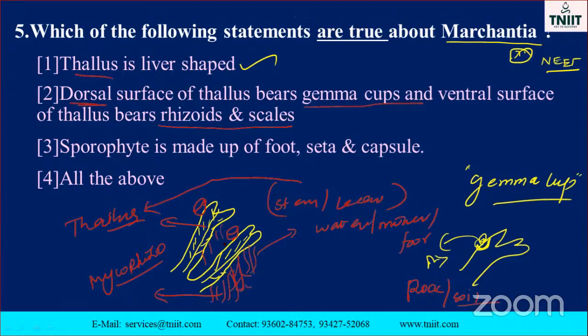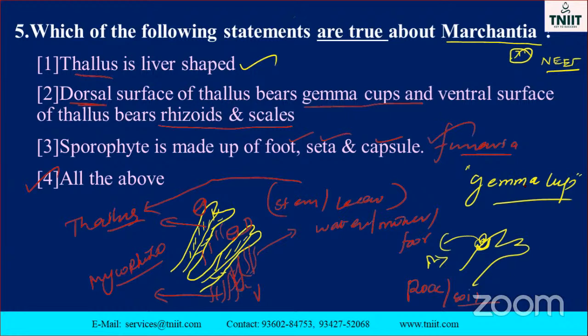So this side is the ventral side, the upper side is the dorsal side. Sporophyte is made up of foot, seta, and capsule. This one mostly comes in Funaria. Okay. So the option is that all three are correct only. So the last option is the correct answer according to Marchantia.